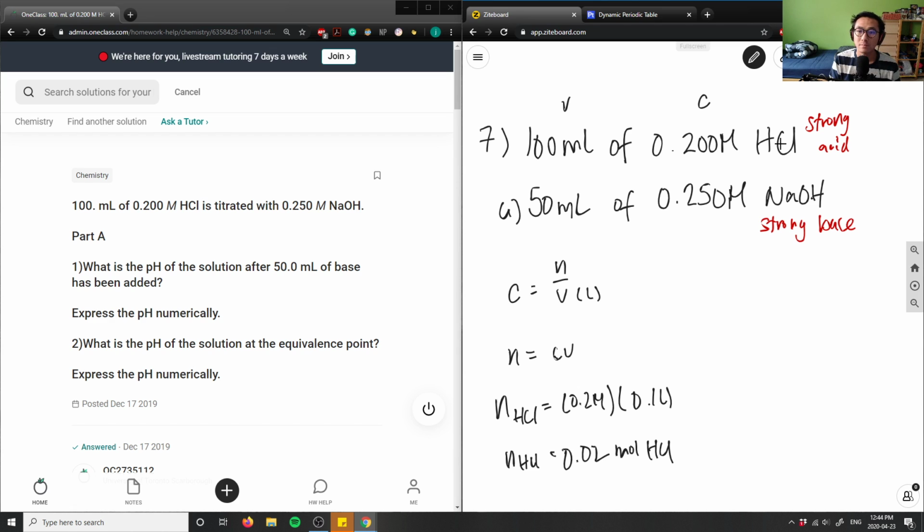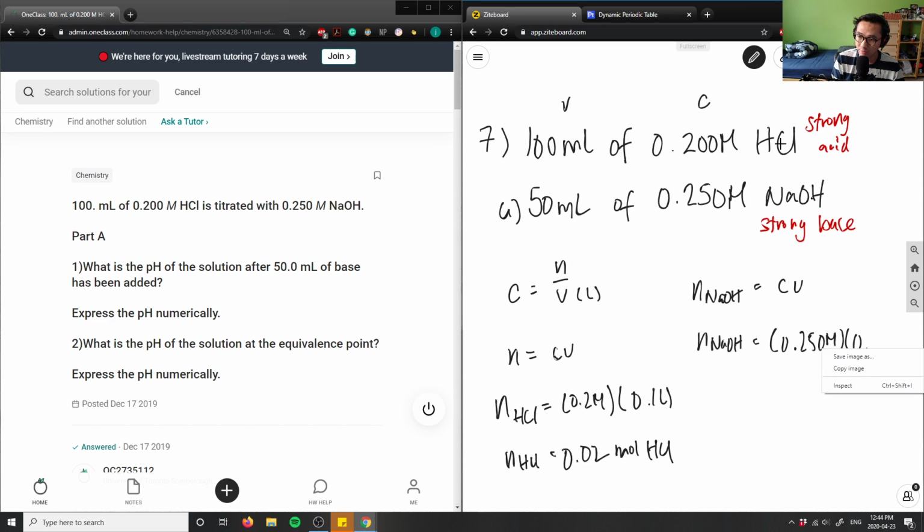That's good. And then let's do the moles of NaOH, right? So n of NaOH also equals C times V. This would be the concentration of sodium hydroxide, which is 0.250 molar, times our volume. Our volume is 50 milliliters, so we divide that value by 1,000 to get it in liters.